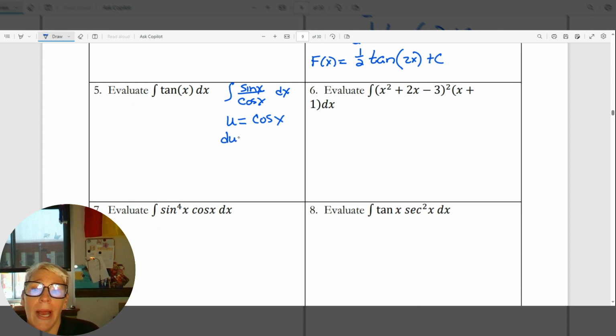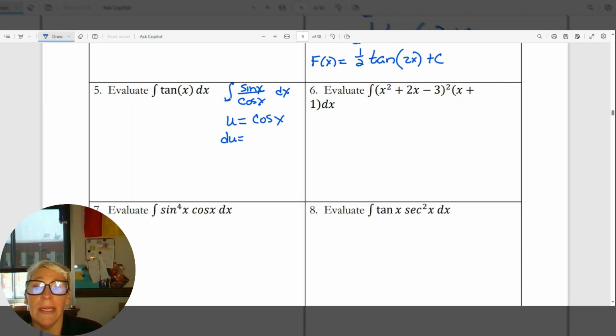Okay, now I need the derivative of u. What gets tricky for kids with U-substitution, or anybody, adults too, is that we're anti-differentiating in this problem. We're anti-differentiating sine over cosine. But to do an anti-differentiation problem with U-substitution, there comes a point where we are differentiating.